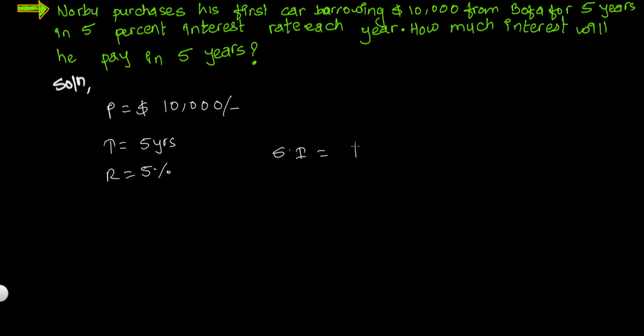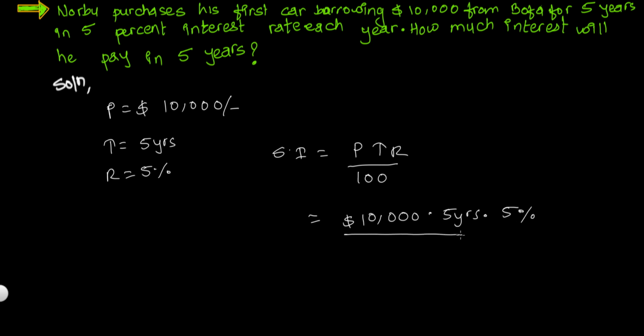Which is given by PTR over 100. So P is $10,000, times our time, 5 years, times rate, 5%, over 100. Since we divide by 100, we get rid of this percentage.